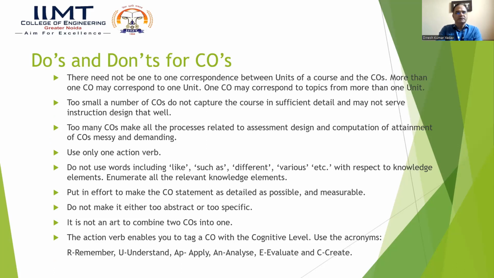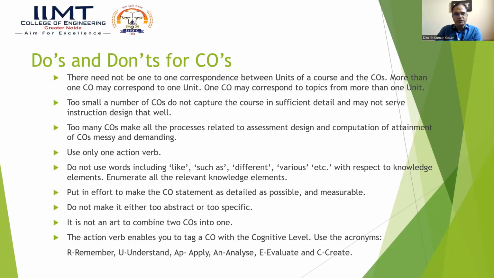So what are the things we have to keep in mind while writing the CO statements of any particular course? The first thing is that your CO statement must be very specific. It should not be vague.